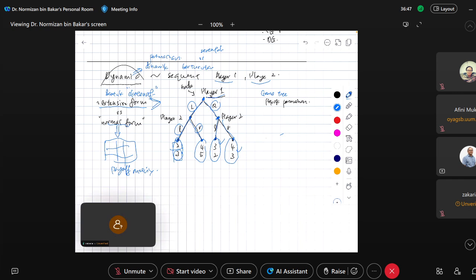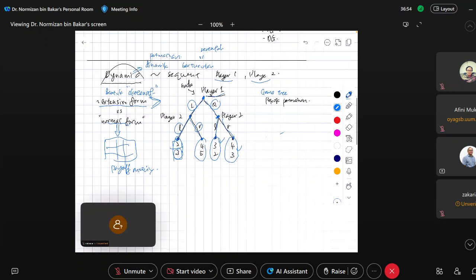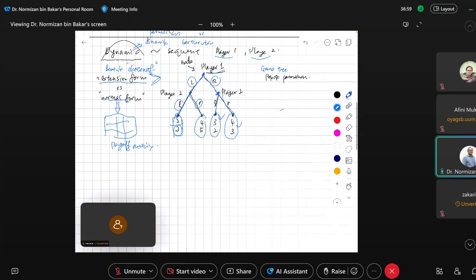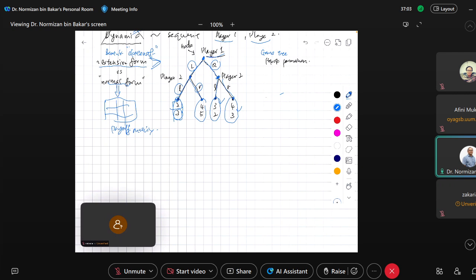Alright. So this is what we call the dynamic game. Whether it is dynamic or static, what we want to find is the equilibrium point. In dynamic game, one of the points that we focus on is the credibility of the threat.